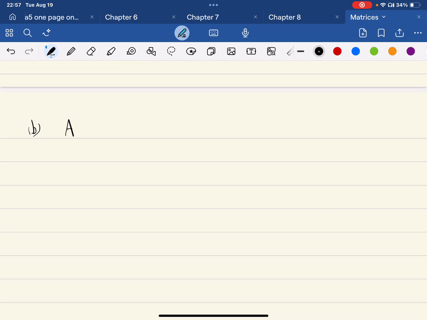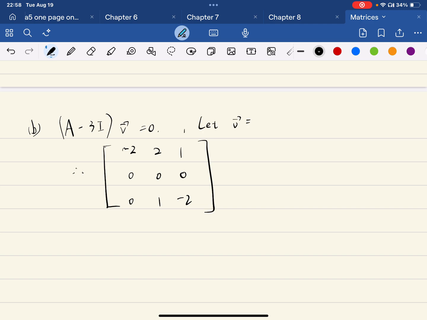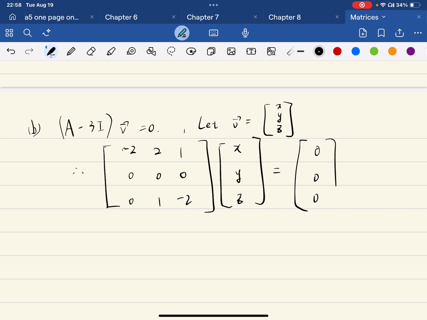First, we calculate x, y, z. So what does it mean?